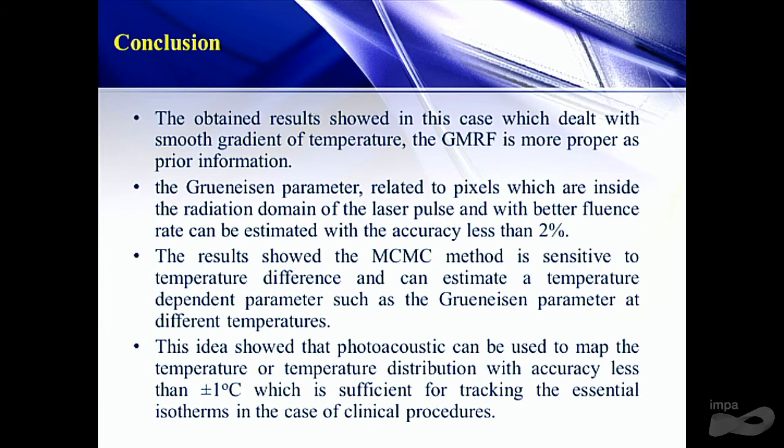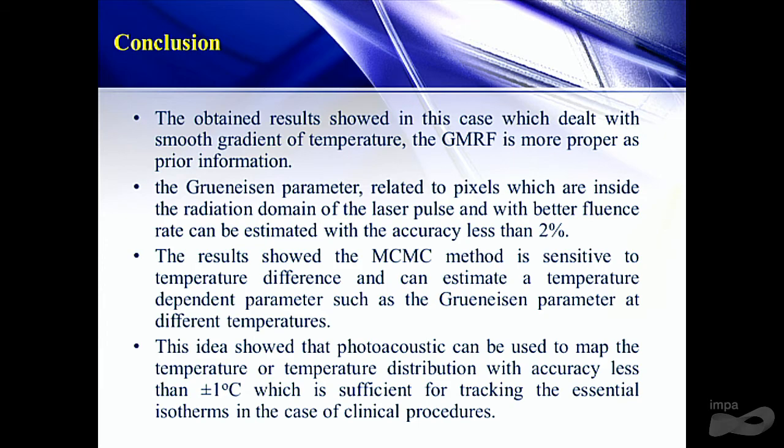And at the last, the obtained result showed that in this case, which deals with a smooth gradient of temperature, Gaussian Markov Random Field is more proper as prior information. And the Grunessen parameter related to pixels inside the radiation domain of the laser pulse, with better fluence rate, can be estimated with accuracy less than 2%.